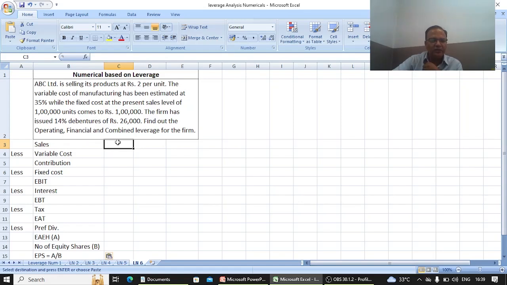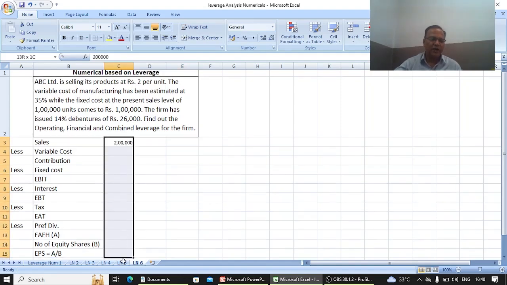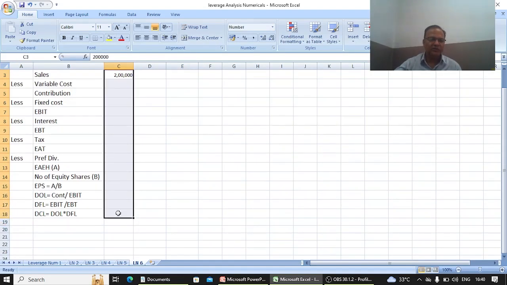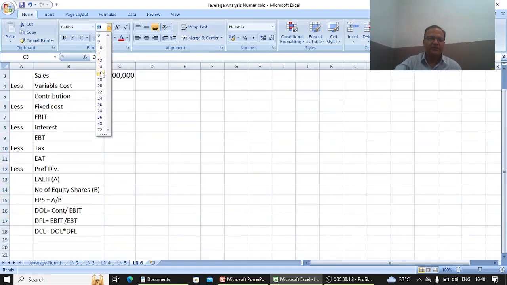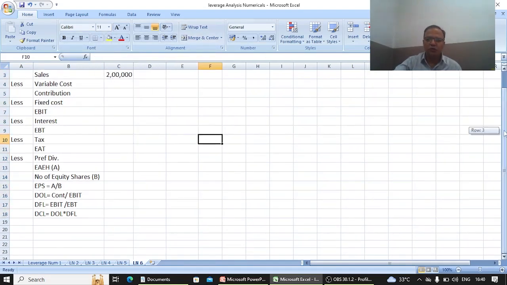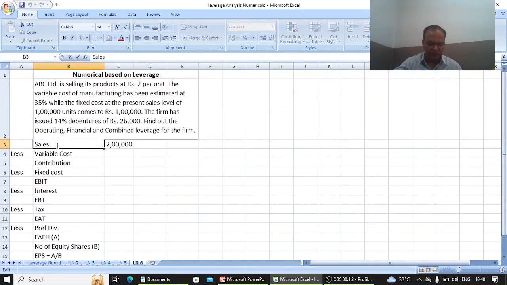Sales. Units 1 lakh, so sales revenue will be 2 lakh. Whenever we talk about sales revenue, it is sales volume into sales price per unit. Sales volume is 1 lakh and sales price is rupees 2, so sales revenue is 2 lakh rupees.